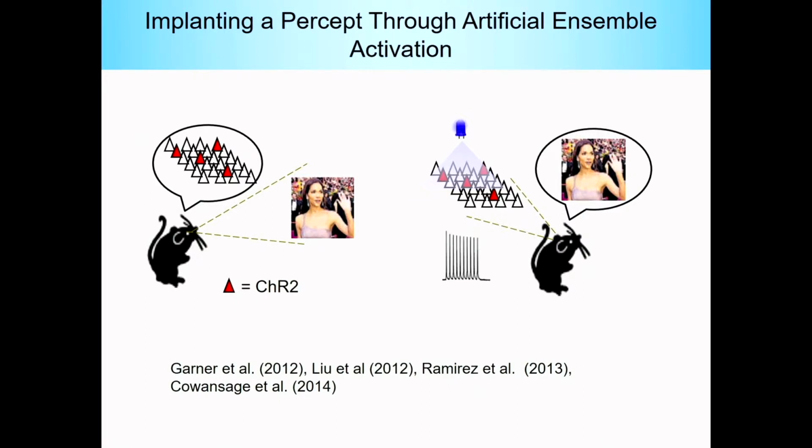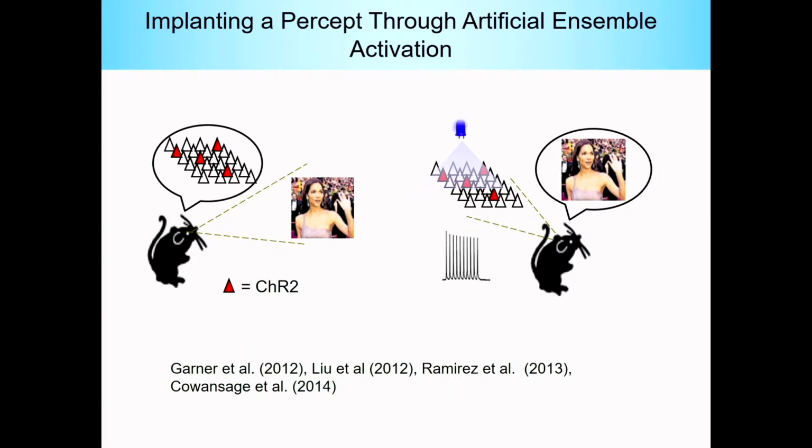And if we naturally label the group of neurons that are activated by that stimulus, and then we put channelrhodopsin into those cells, when you subsequently go back and artificially stimulate them, you can kind of convince yourself that you're producing the percept of Halle Berry, or the stimulus, in the mouse.